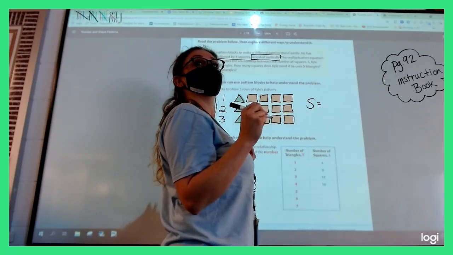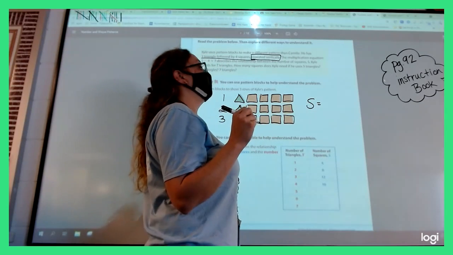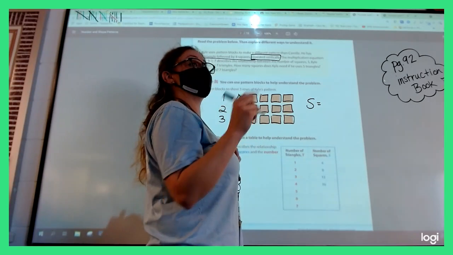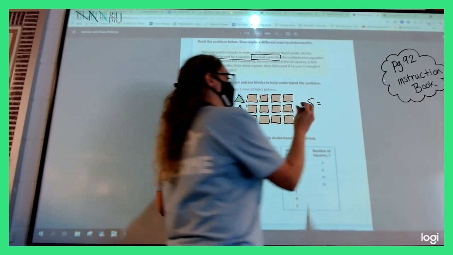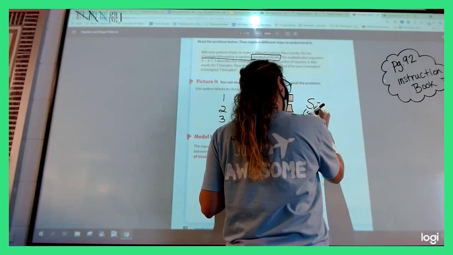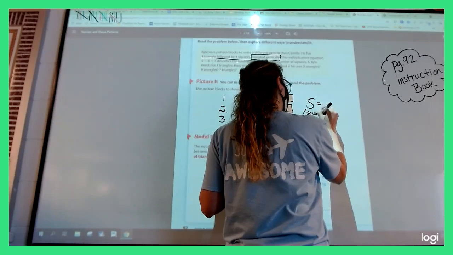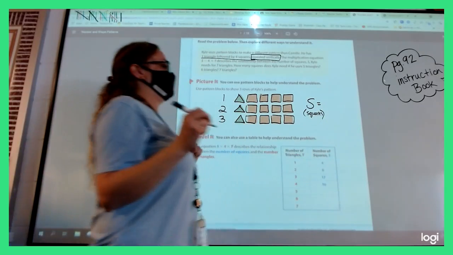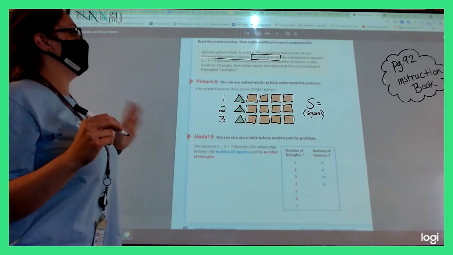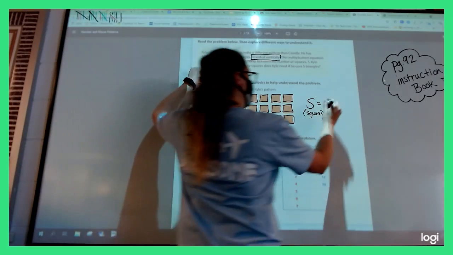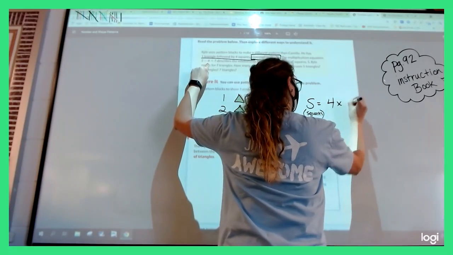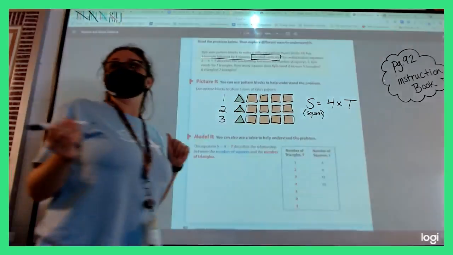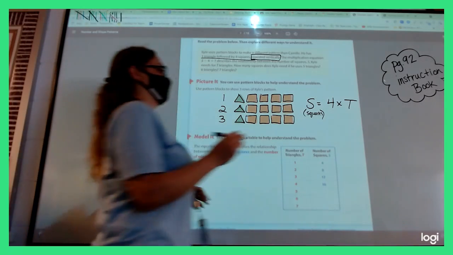Like the answer. No, we got to read the problem. What does the S stand for, Angie? Squares. So the squares amount will equal 4 times T. All right, well, what's my T? Hayden? Triangles.